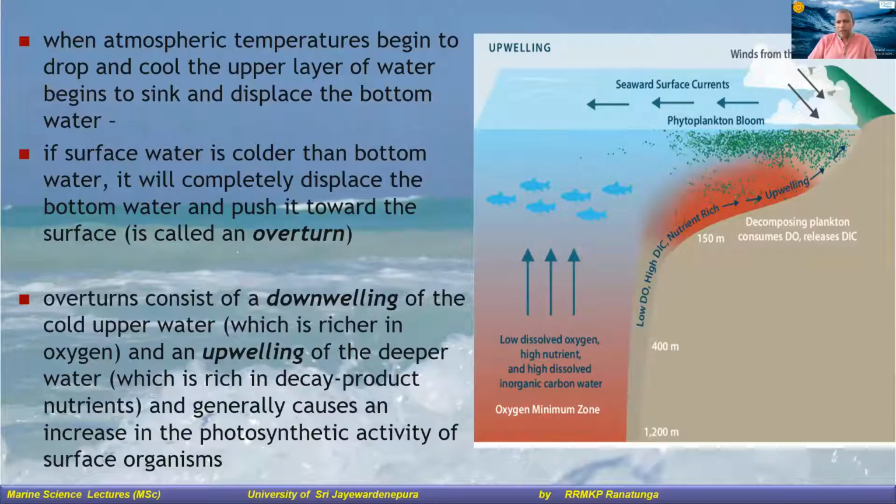But now again, if we go back to our previous discussion on upwelling and downwelling, this again will result in upwelling and downwelling even in the deep waters, not only in the coastal region. So previously we discussed coastal upwellings.